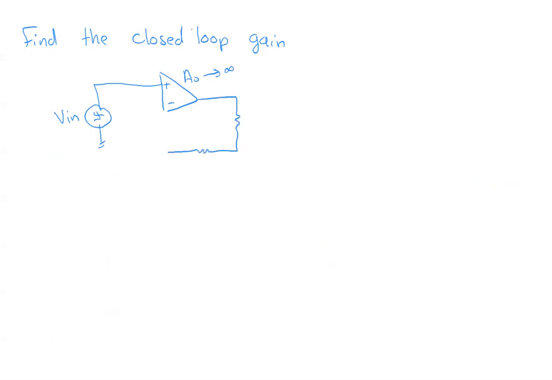We have multiple resistor networks here, and this is V out. So this is R1, R3, R4, and R2. Okay, so we want to find the closed loop V out over Vn.